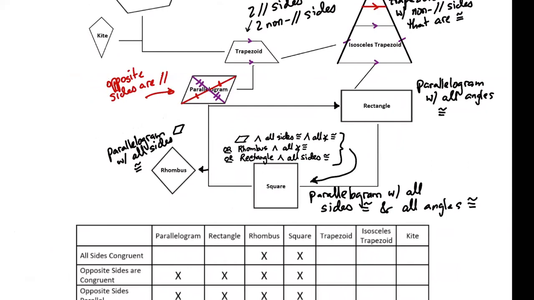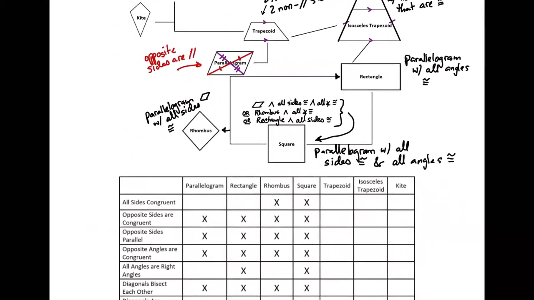In terms of a proof, we need to be on guard for any of these possibilities, which is why I have this little table at the bottom here, just going through all the different properties that a quadrilateral, I almost said parallelogram, quadrilateral could have, like all sides congruent, opposite sides congruent, opposite sides parallel, things like that. So if you go through this, you see all sides congruent, that would be the rhombus and the square.